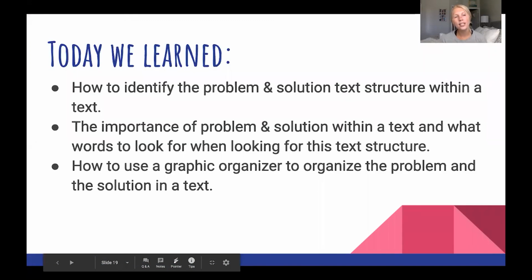Okay, let's take a moment to go over what we learned today. We learned how to identify the problem and solution text structure within a text. We learned the importance of a problem and solution within a text and what words to look for when we're looking for this text structure.